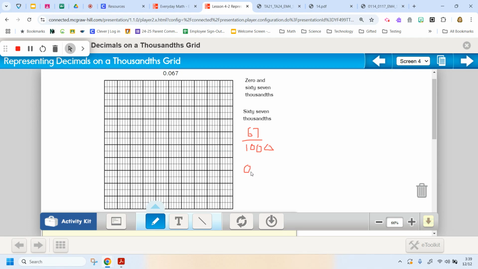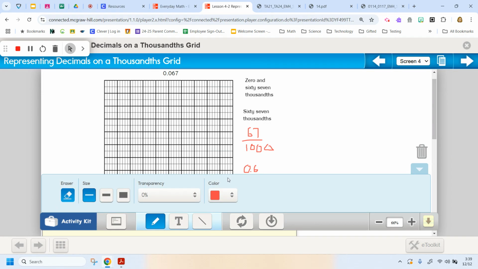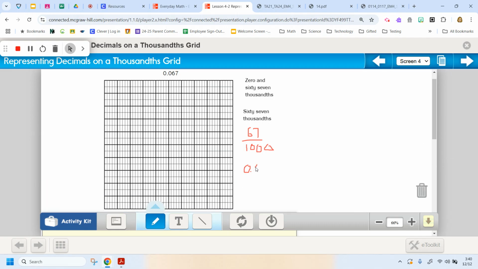When we add zeros to the right of the decimal after everything is done, it is not going to change the amount we have. It's just going to change the way we say it. So I could add a 0 to the end. So there's 67 thousandths, but now I could call it 670 ten-thousandths.